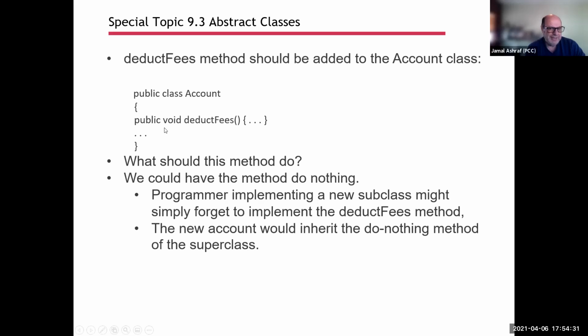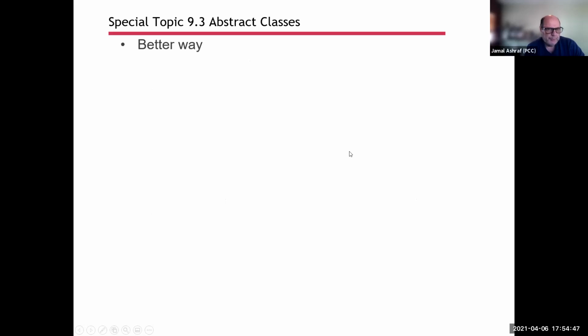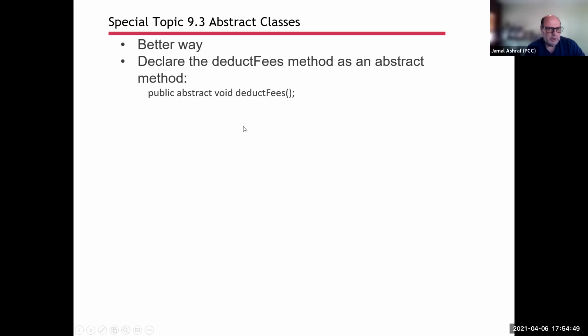So if I declare it like this, some people would override it and create it, and some people may not do it because they forget about it, or they're not thinking about it, or they don't pay attention to it. So what we're going to be doing is we're going to define it as abstract.